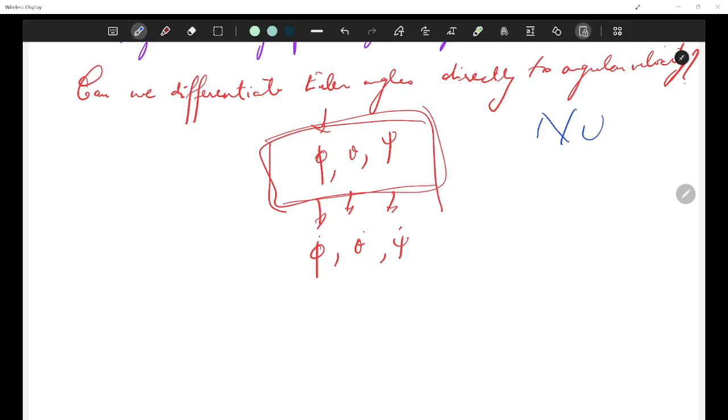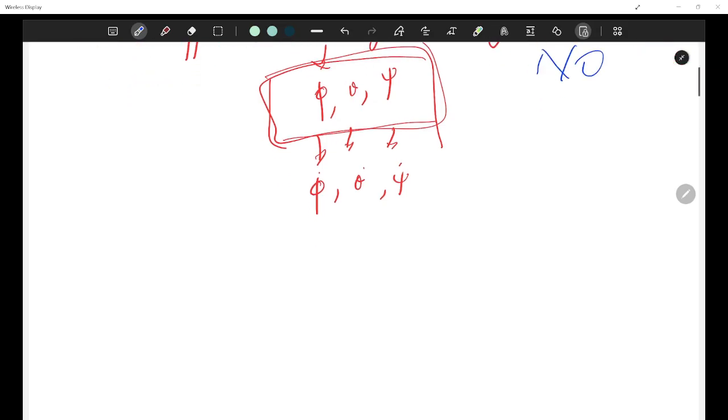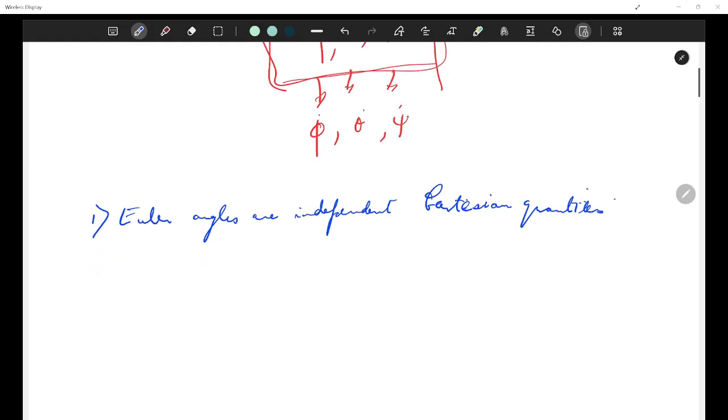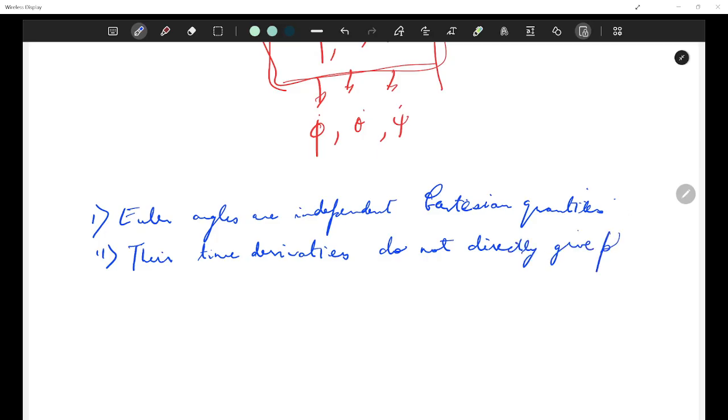And why is it no? The reason is that Euler angles are not independent Cartesian quantities, so their time derivatives do not directly give the physical angular velocity.